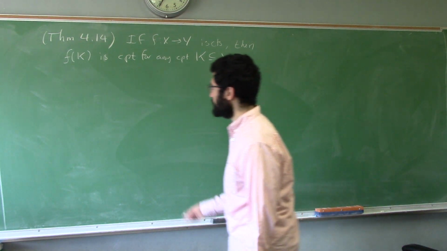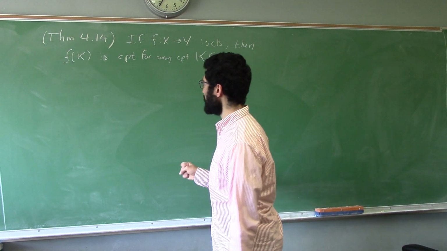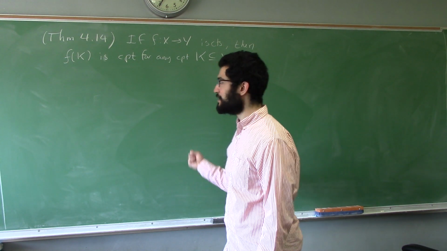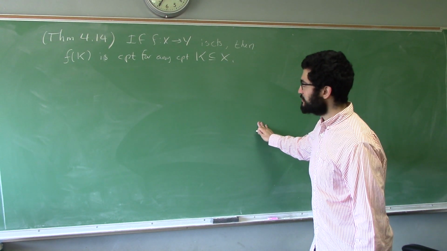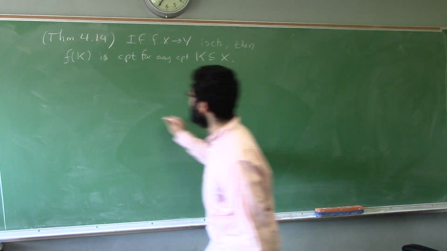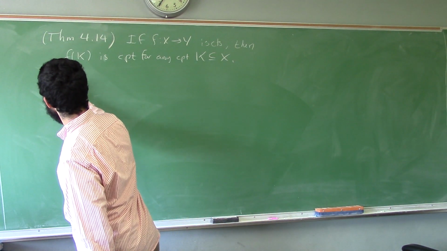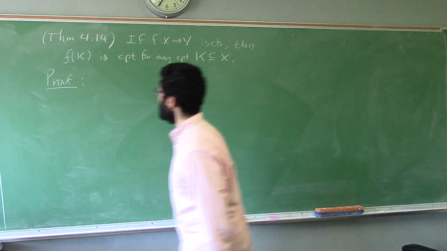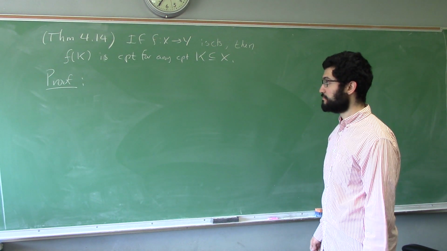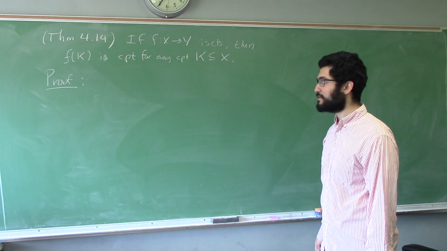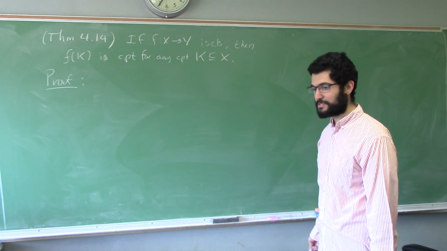Or to say it in a more catchy way, the continuous image of a compact set is compact. We've already seen that this works in R, but let's verify that it works in arbitrary metric spaces.